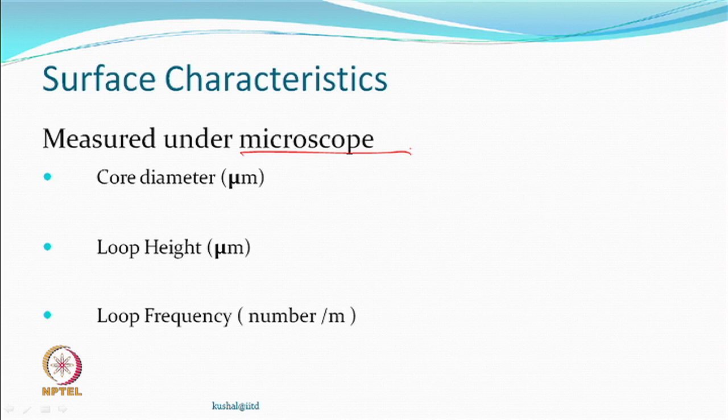So, one is core diameter, you can express it, let us say in micrometers, height of the loops, where you will be looking at the average, and frequency per unit length, let us say number of loops per meter, for example, can also be measured if you really want to explain how a particular yarn is behaving.